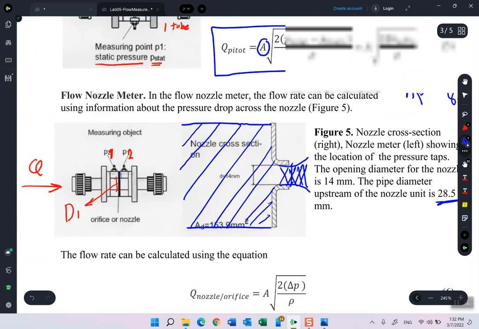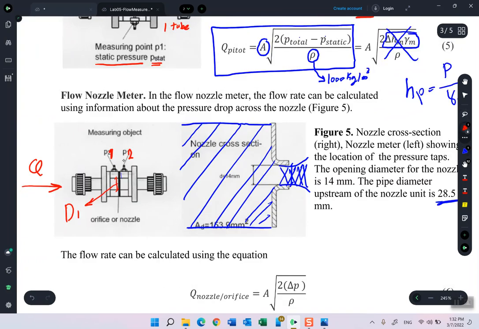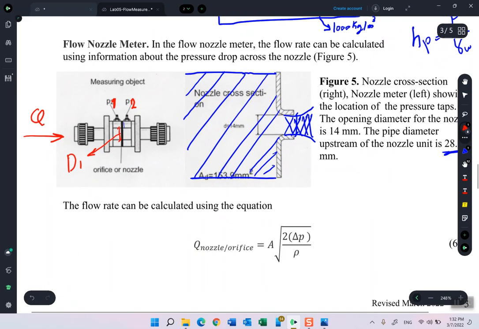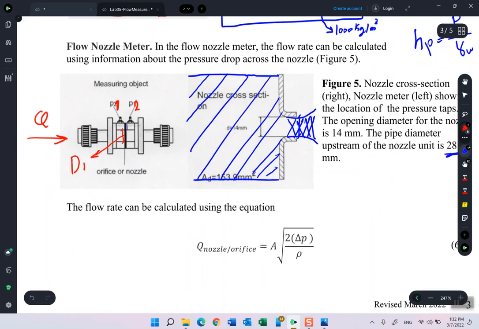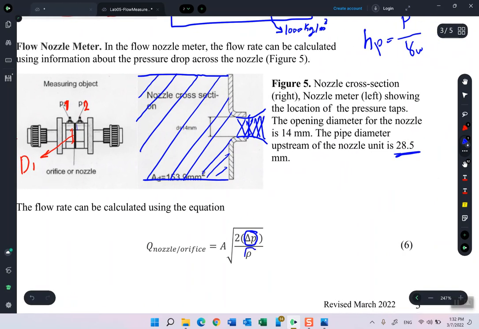And that's why you will see two pressure gauges, two pressure taps. The first one is at section 1, the second one is at section 2, and these two pressure taps will give you the pressure difference. Once you get the pressure difference from the flow nozzle meter, you will substitute with it in equation number 6, and again this is the density of the water, which is 1000 kilograms per cubic meter.